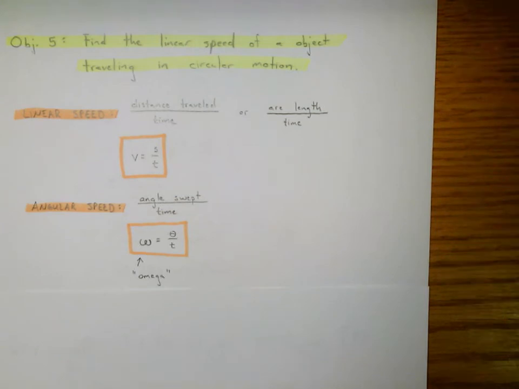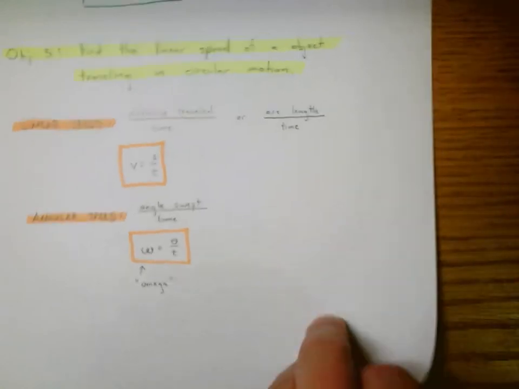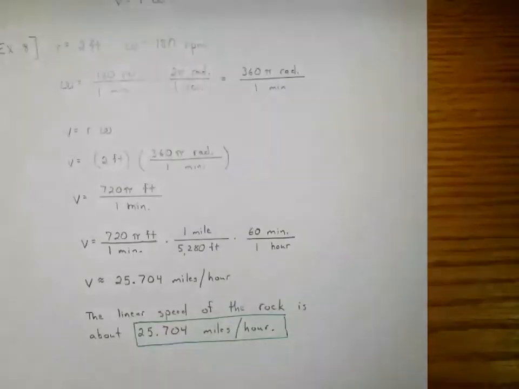Last thing I'm going to do with these is connect the two together. When we connect linear speed and angular speed, there has to be a connection between those two on a circle. I'm going to begin with my definition for linear speed, arc length divided by time. Earlier in today's lesson, we said arc length was radius times theta.